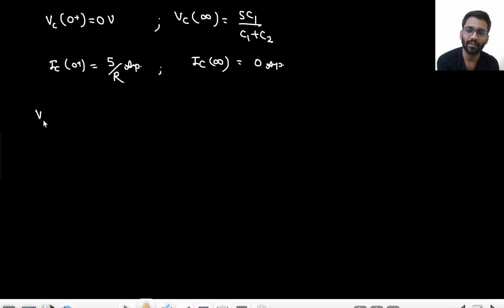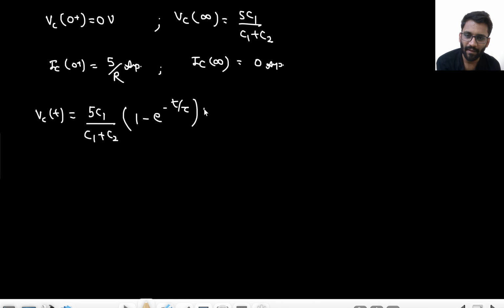So let's note down the value of VCT: from 0 to some value it is rising. And what about ICT? From 5 by R to 0 it is going.